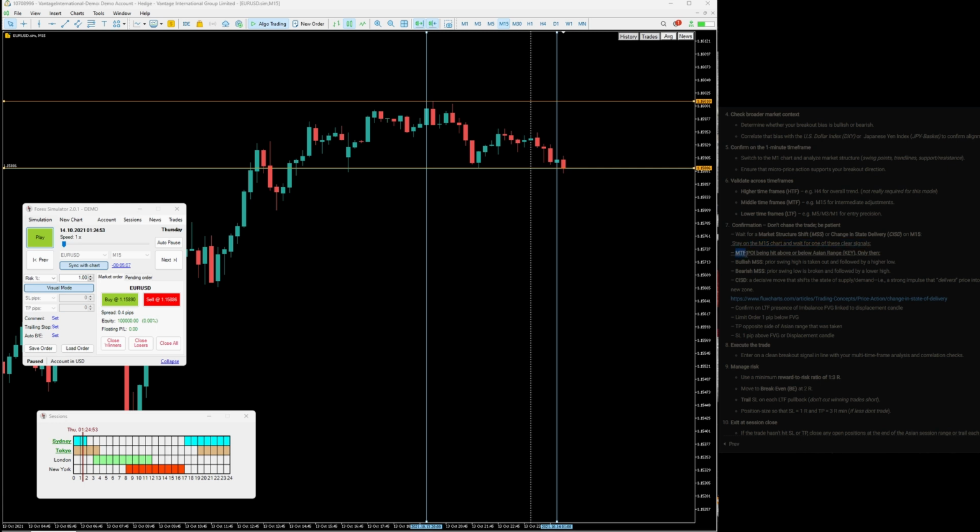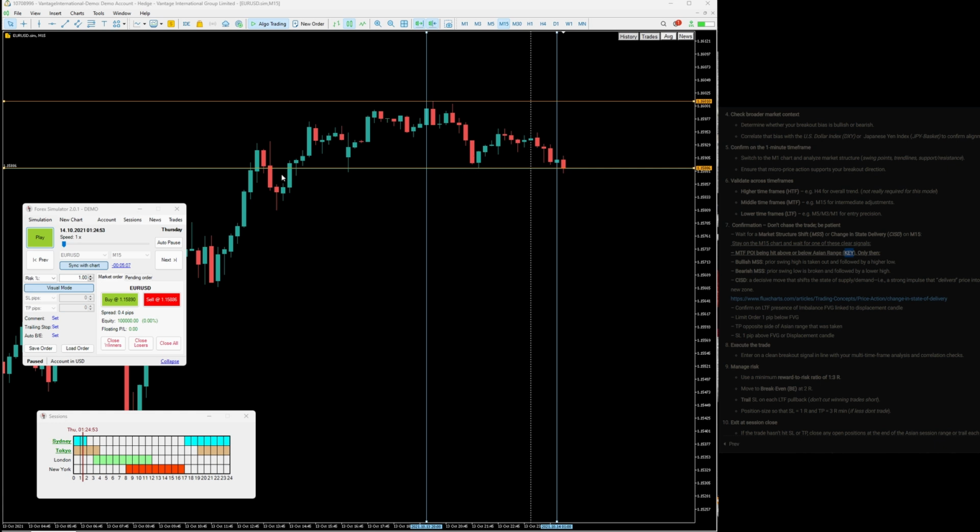Middle time frame, so M15, POI, point of interest, being hit above or below the Asian range. And I signed it here as this is a key to have in consideration. So what does it mean? Above is this, below is this. The market seems to be moving below already, broke the Asian lower range, right?